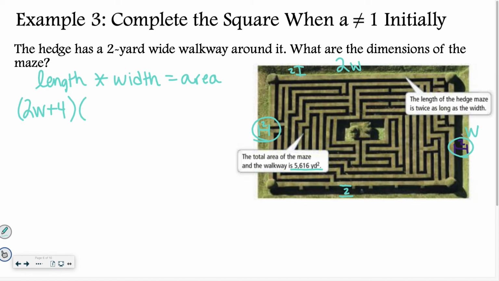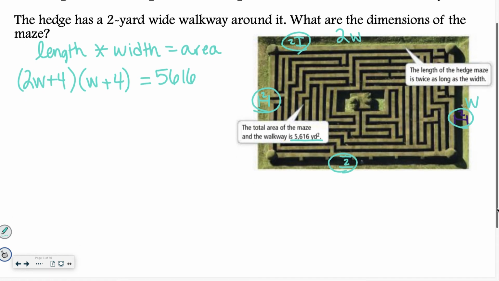My width is W plus 2 here and 2 here, so W plus 4. And it equals my area, 5,616 square yards. So that's how I set up my problem.